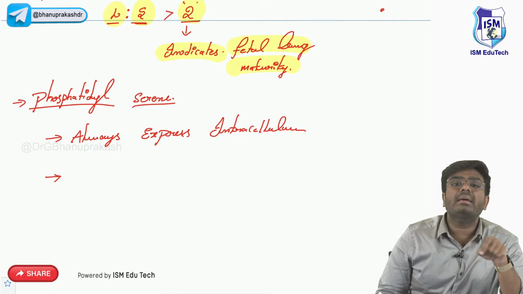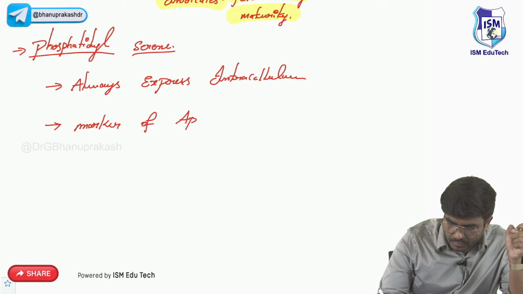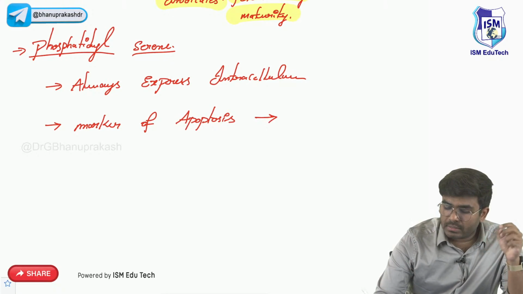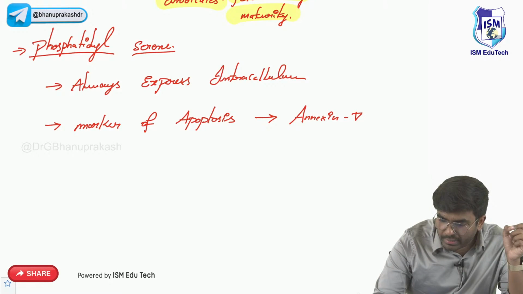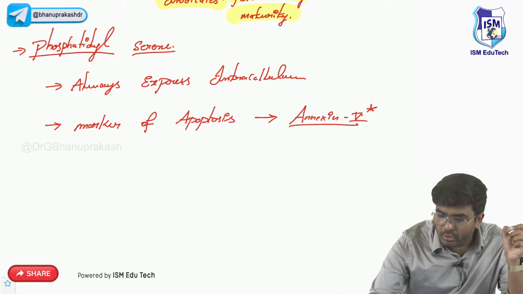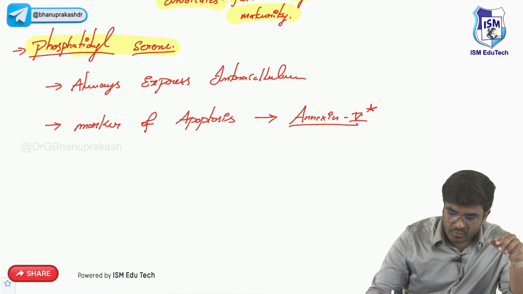Now, what is the marker of apoptosis? The marker means the dye. The marker for apoptosis is annexin 5. So by just putting annexin 5, you can know which cells are undergoing apoptosis or not. So these are the important points which you need to know regarding phosphatidylserine.